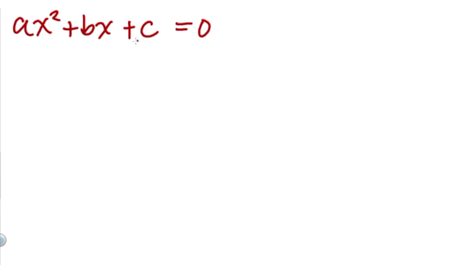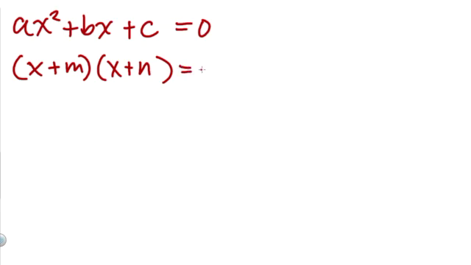Assuming that we can factor this out as a product of two binomials, x plus m times x plus n, which is equal to 0, we can easily say that the solutions of this quadratic equation are, say, x sub 1 is equal to, by taking this factor as equal to 0.